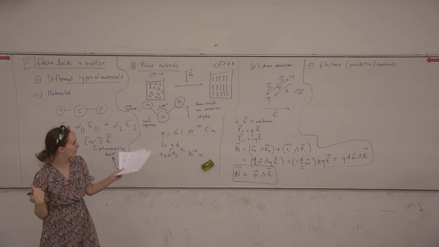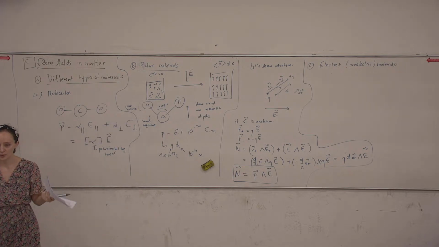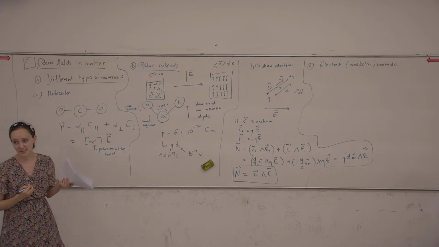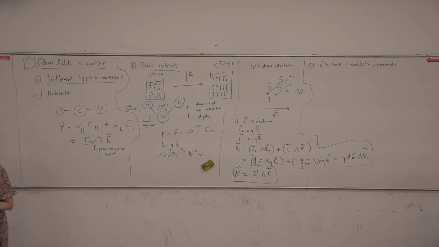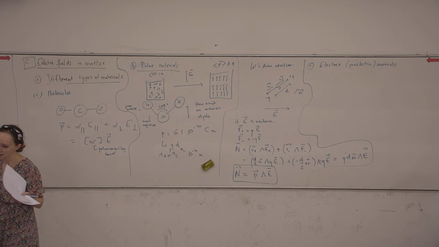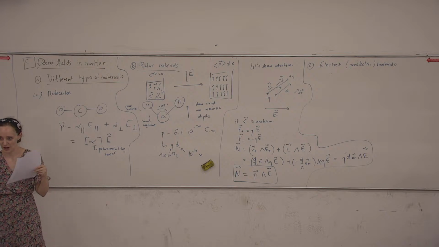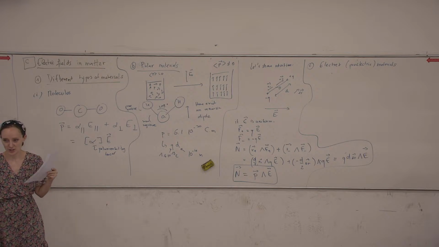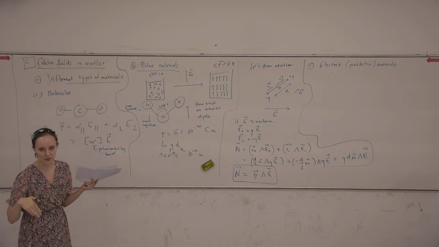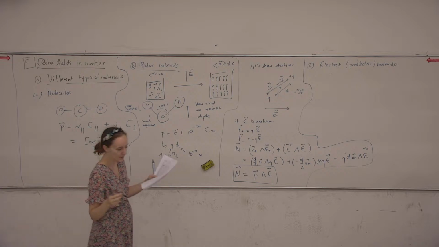In both situations that I described, if I turned E off, the total dipole would go back to zero. In the case of electrets, this is no longer the case. You can freeze water with a magnet, and then it will remain polarized in the direction in which you freeze it, etc. But these are cases where the dipole remains even after you turn the E off.